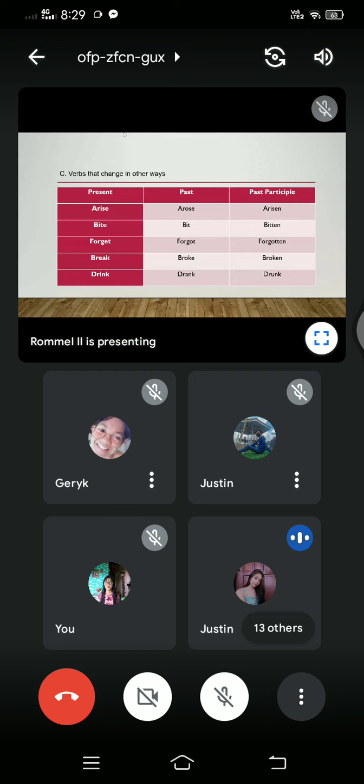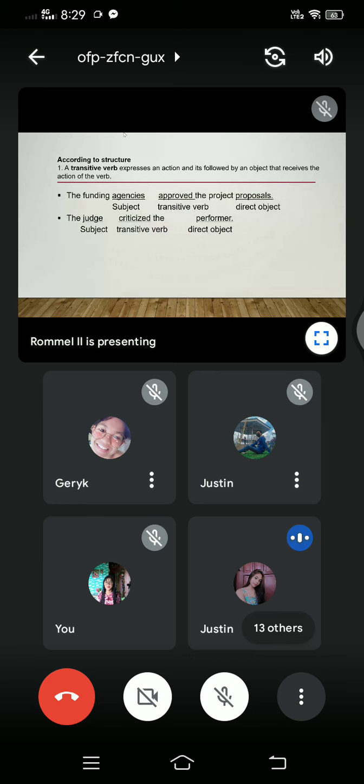Bite, bit, bitten. Forget, forgot, forgotten. Break, broke, broken. Drink, drank, drunk. These are pairs that are similar but differ in spelling.